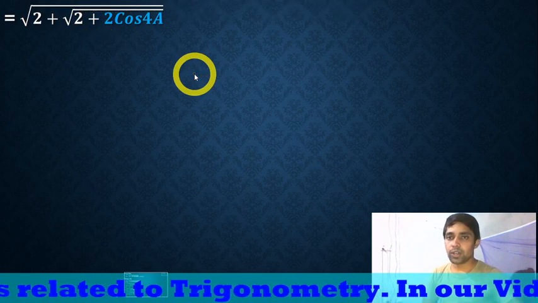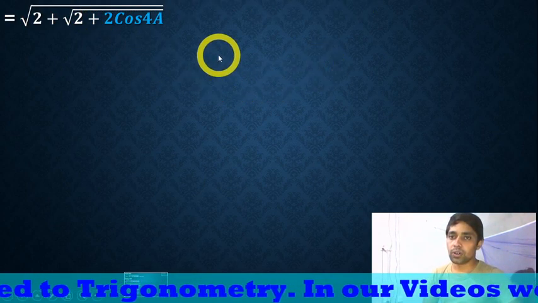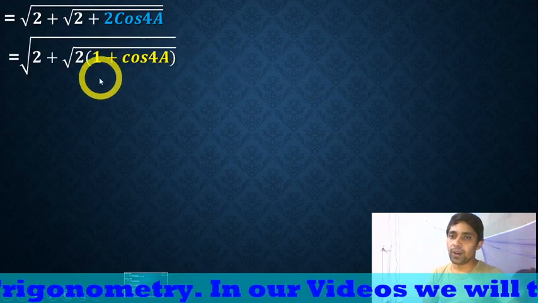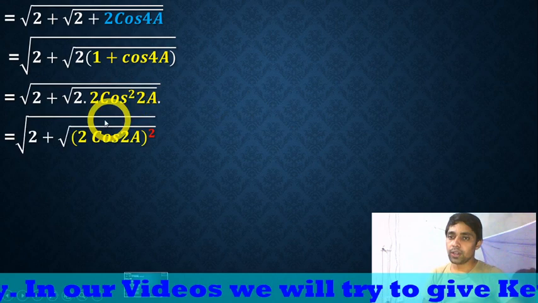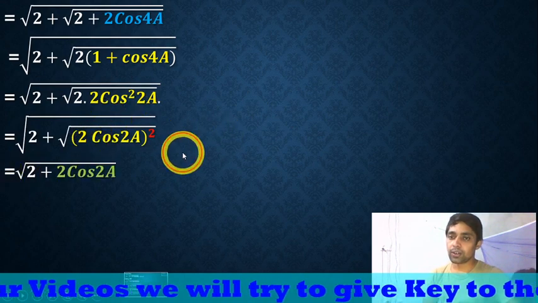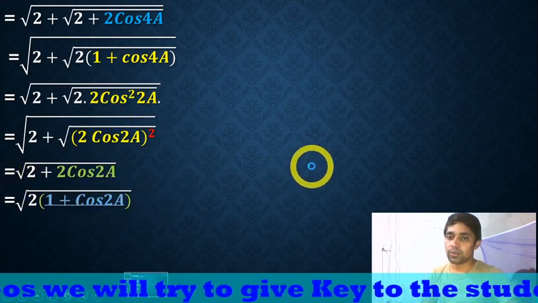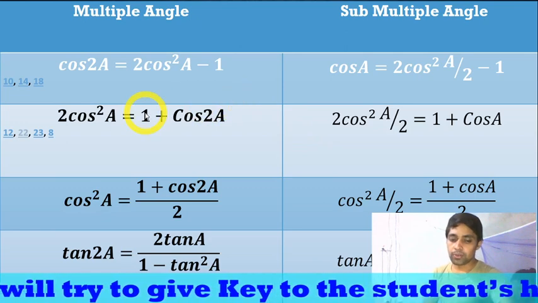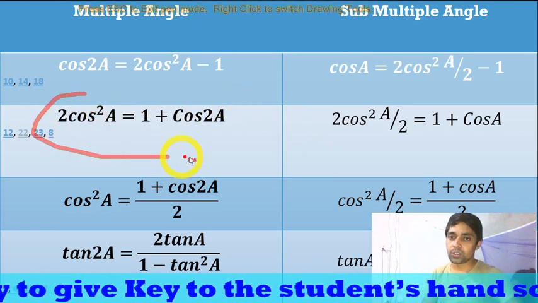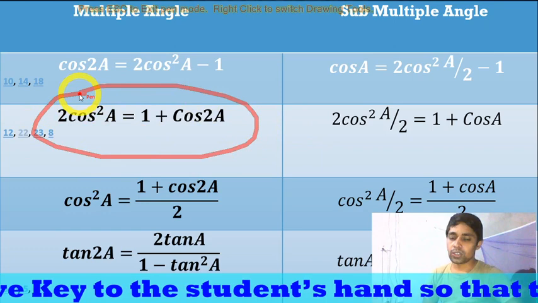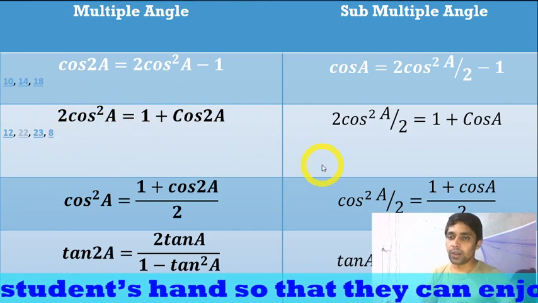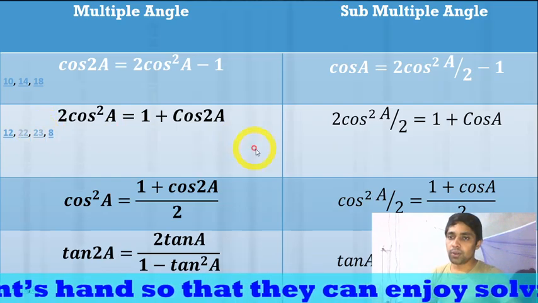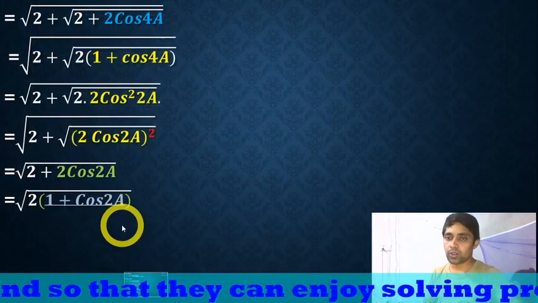So again 2 cos square 2a, again whole square, again taking common, again we have used the same formula of 1 plus cos 2a as 2 cos square a. Then as we have applied formula, again it will come in whole square format.